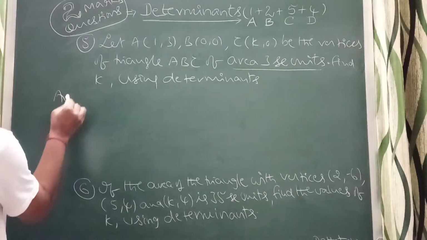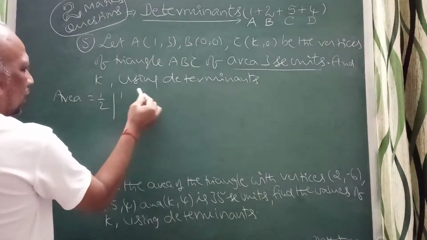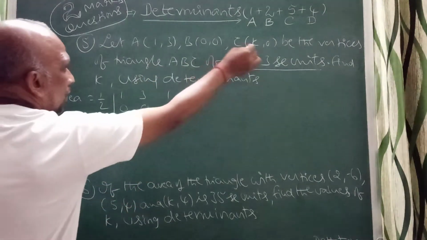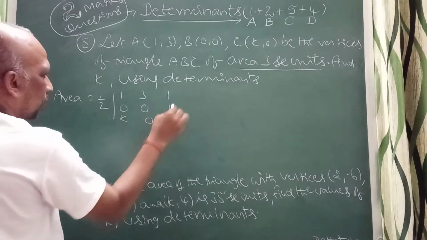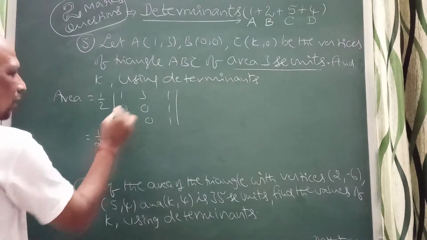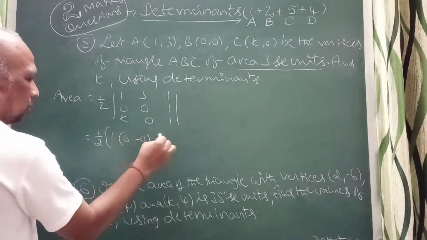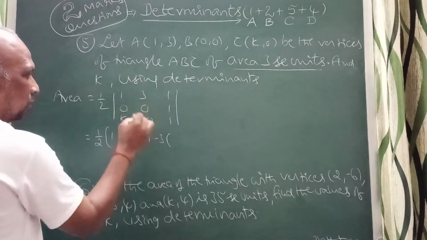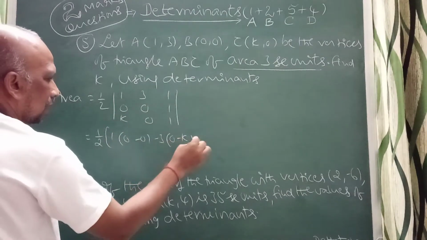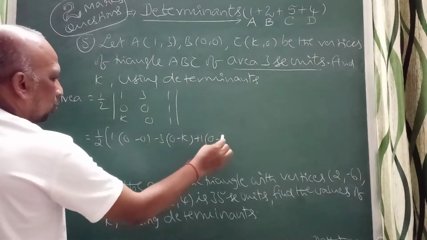When I am finding the area here, 1 by 2 times the determinant with rows 1, 3, 1; 0, 0, 1; and k, 0, 1. We expand: 1 into (0 minus 0), minus 3 into (0 minus k), plus 1 into (0 minus 0).